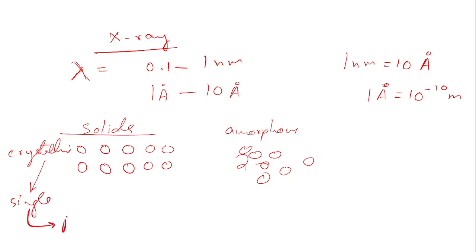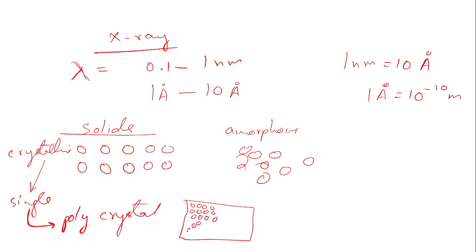The other is polycrystal, where there is some ordering, but not a single ordering. For some distance the atoms will be arranged in this way, and after that maybe the atoms are arranged like this.